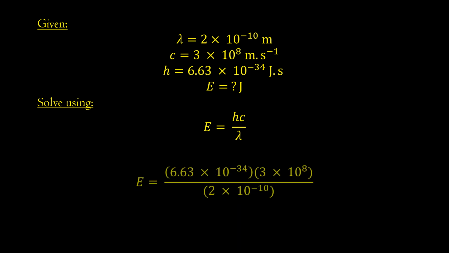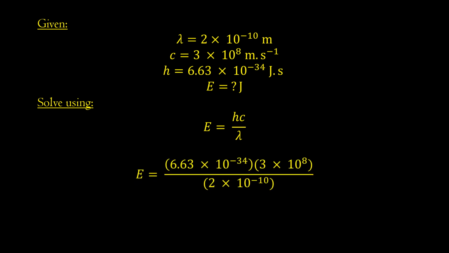We then substitute the known values of h, of c, as well as of lambda, so that we have E equals 6.63 multiplied by 10 raised to the power of minus 34, which is multiplied by 3 multiplied by 10 raised to the power of 8, all divided by 2 multiplied by 10 raised to the power of minus 10.